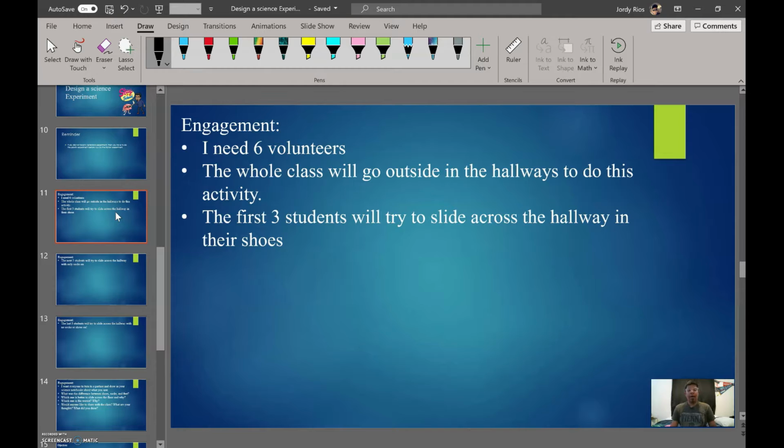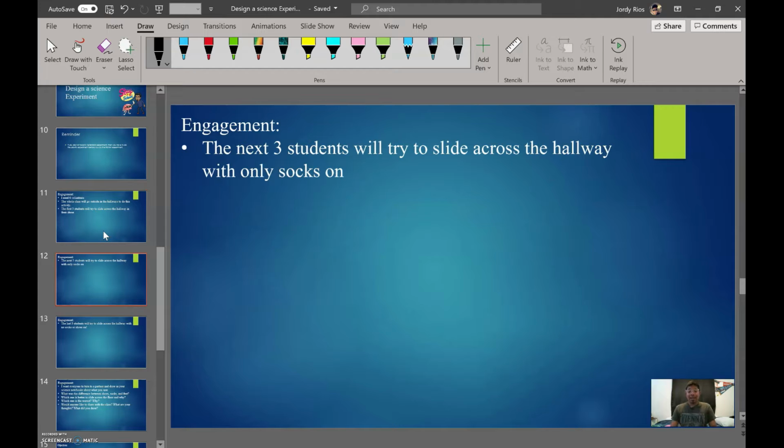The first 3 students will try to slide across the hallway in their shoes. So everybody get in one line and then try to slide as far as you can. The next 3 students will try to slide across the hallway with only socks on.